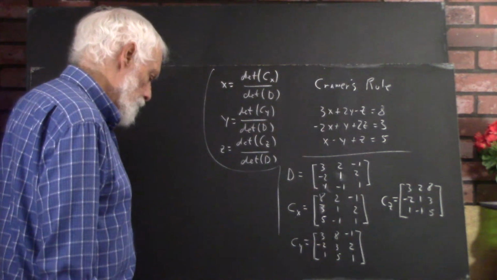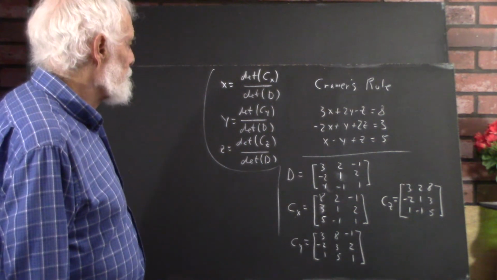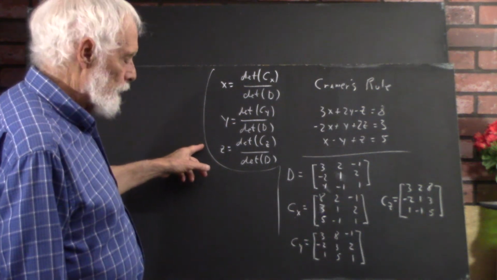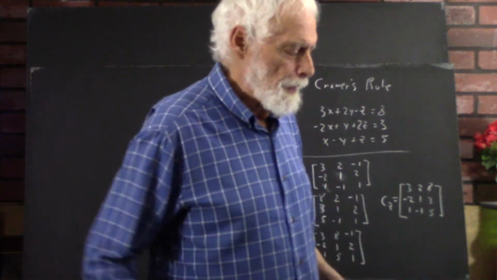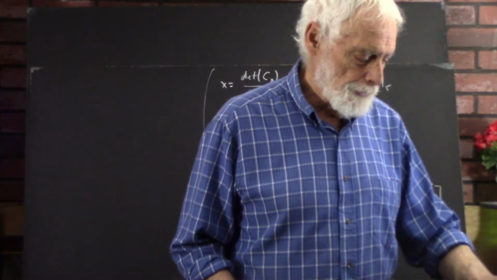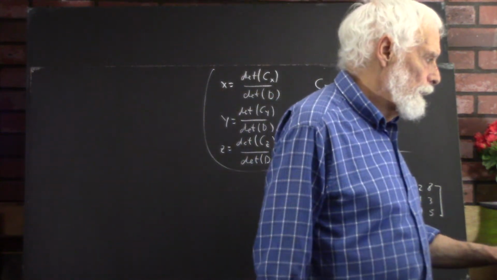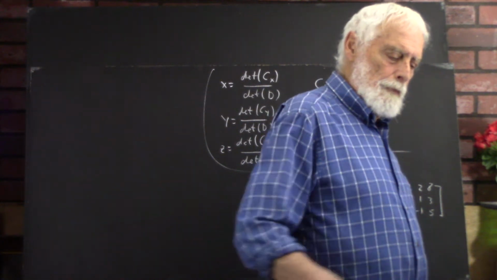Okay. But it works for any dimension. Not the most efficient way to solve a system, but again, it's of interest. And it's probably not taught that much anymore because it's not the most efficient way. Okay. Other applications, let's see.